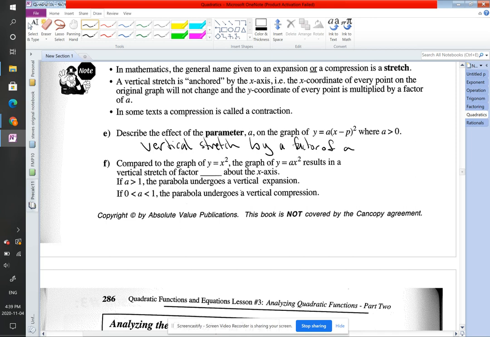The graph of y equals ax squared results in a vertical stretch by a factor of a about the x-axis. So if a is greater than 1, the parabola undergoes a vertical expansion. And if a is between 0 and 1, the parabola undergoes a compression. So this would be a fraction or decimal, but most of the time just a fraction.